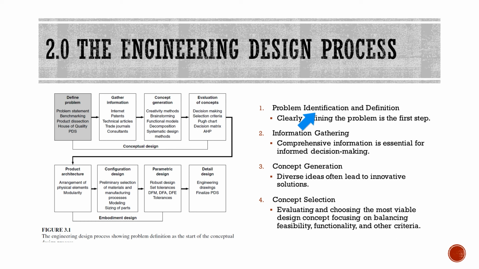So these are the 4 stages that we will cover in this subject MET 531, Mechanical Engineering Design. The remaining steps, which are product architecture, configuration design, parametric design, and detail design, will be covered in the next semester subject, Mechanical Engineering Design 2, MET 533.